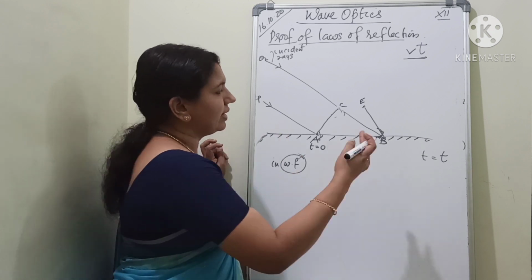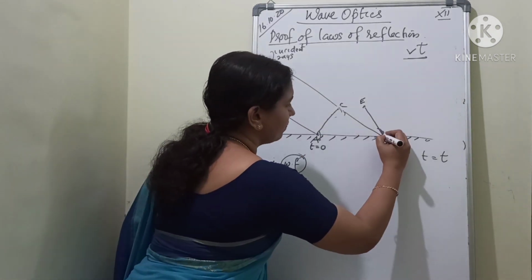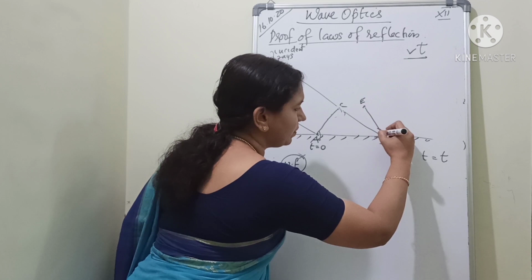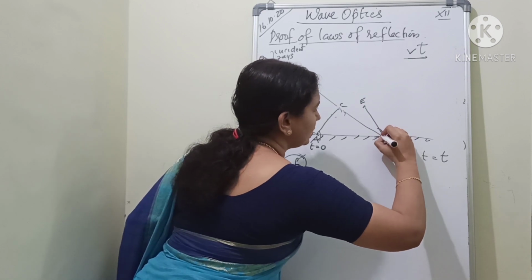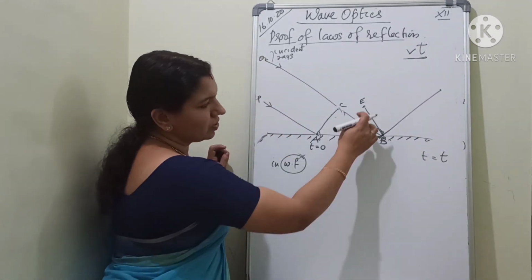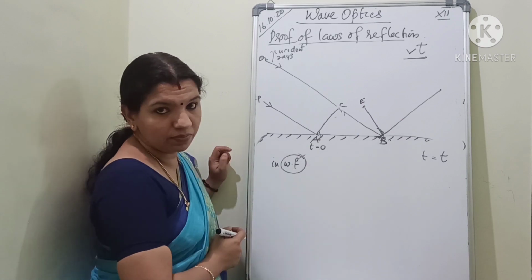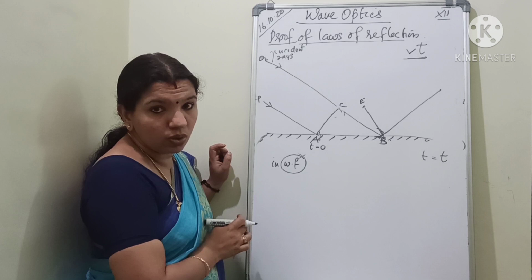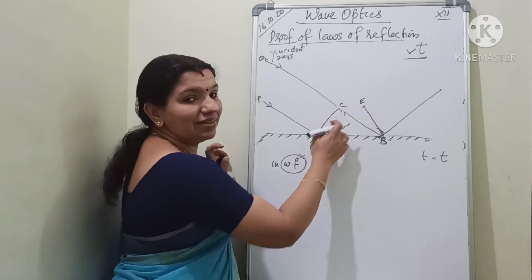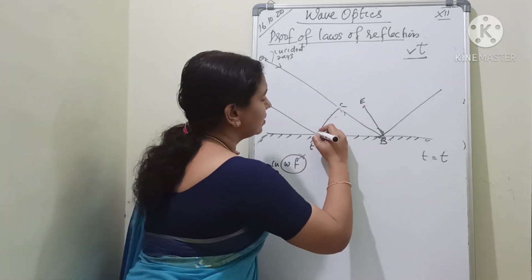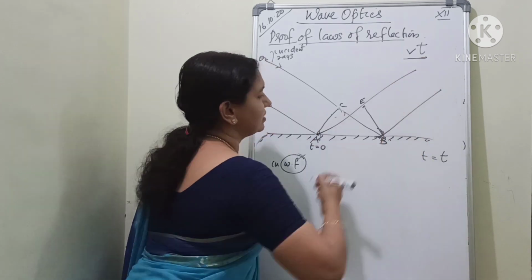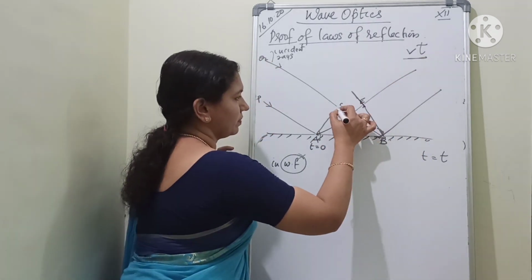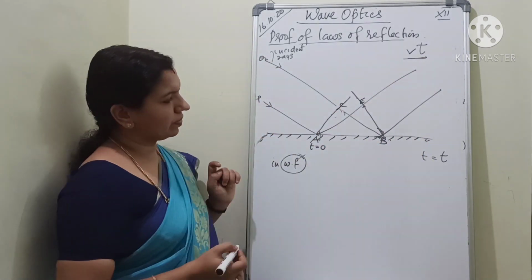So if I draw the ray, how can I draw the ray? Here for this particular wavefront, I draw the ray like this because these two are perpendicular. And for this ray, how can I draw? Because these two are perpendicular. So again, this is the ray. Is that clear?